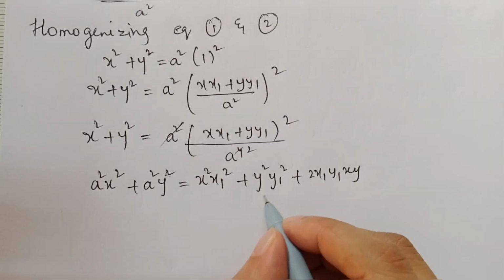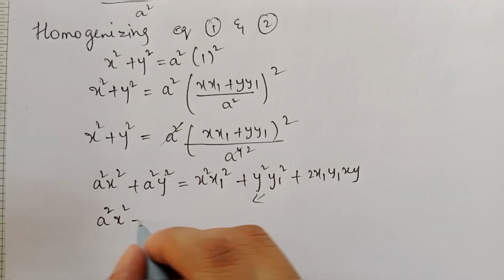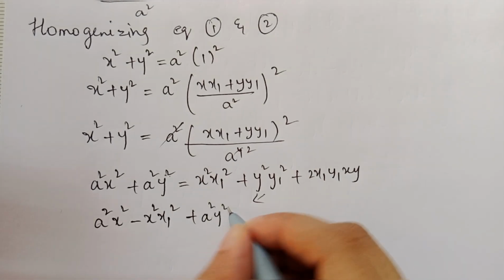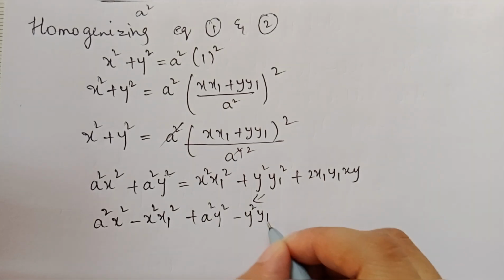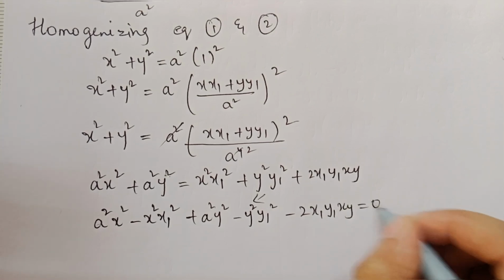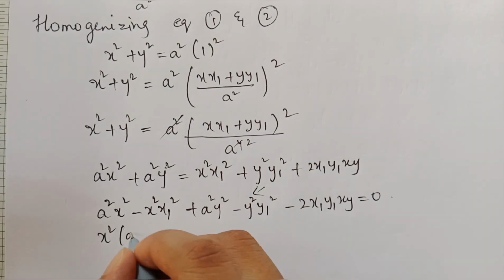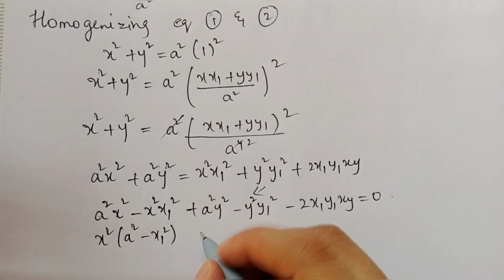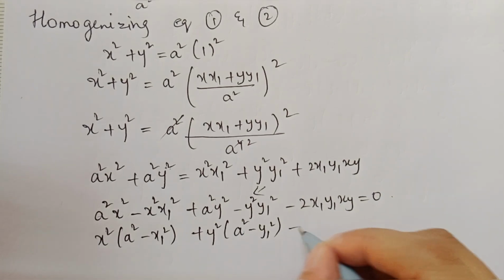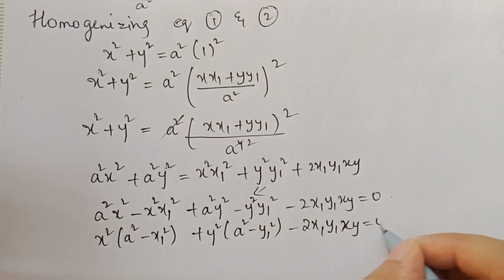Okay, now transpose this term over here, so we'll get a square x square minus x square x1 square plus a square y square minus y square y1 square minus 2 x1 y1 xy equals 0. Now taking x square common, we'll get (a square minus x1 square) plus y square into (a square minus y1 square) minus 2 x1 y1 xy equals 0.